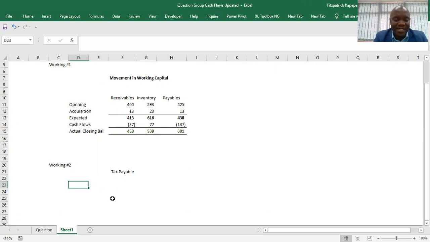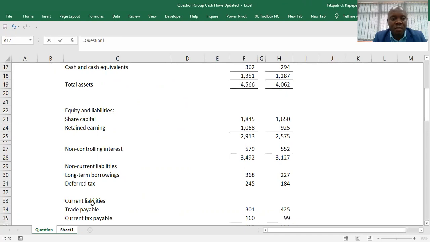So here, guys, we'll start with the opening balance again. So what was the opening balance for our tax? We go to 2017. We add in the form of tax, guys.